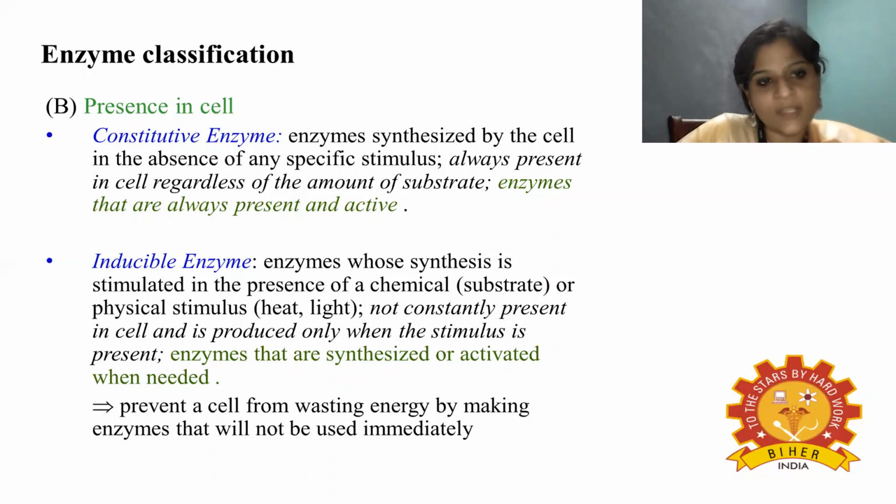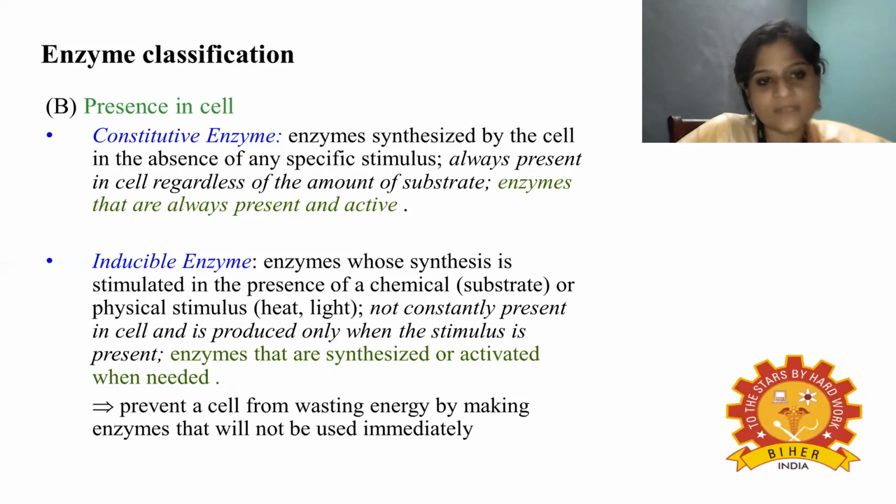So inducible enzymes, enzymes whose synthesis is stimulated in the presence of a chemical or physical stimulus. No, physical stimulus in the sense this heat, light, and all. So they'll act only with this physical stimulus, not constantly present in cell, and is produced only when the stimulus is present. Enzymes that are synthesized or activated when needed. So this constitutive enzymes are always present within the cell.